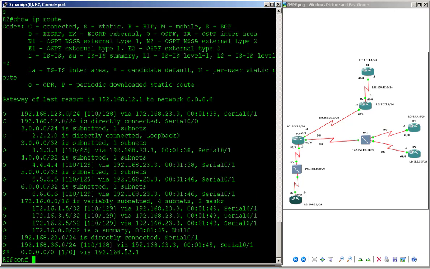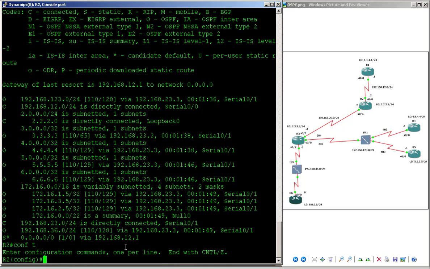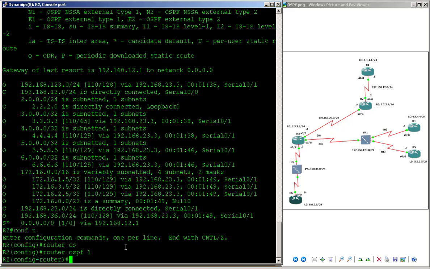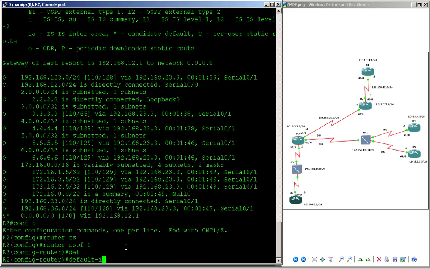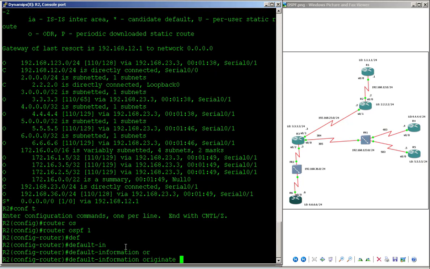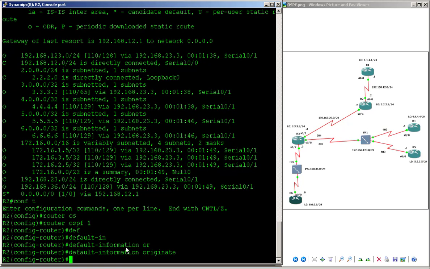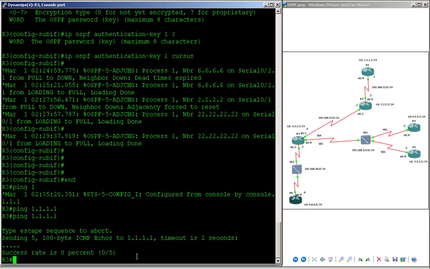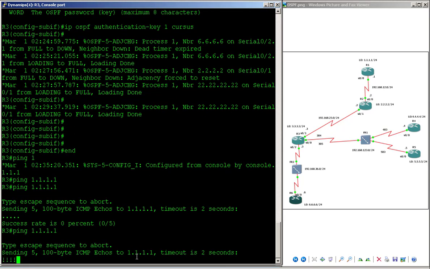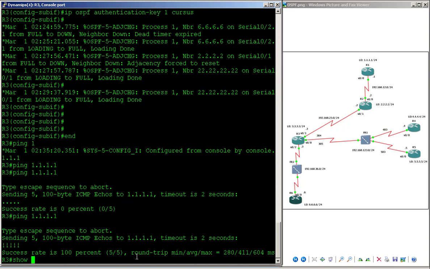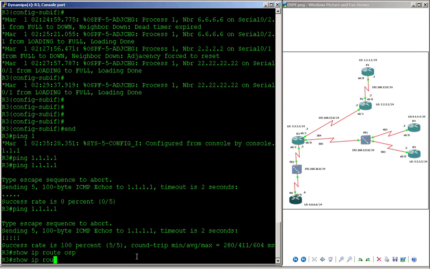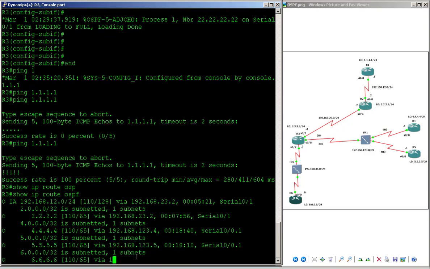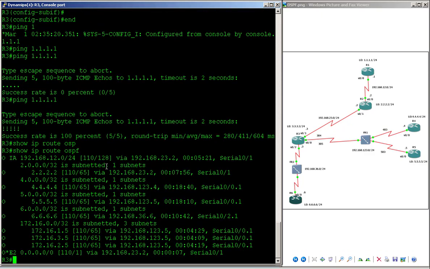To do that, I go to router 2, from where I issued the default route, and I say router OSPF 1, default-information originate, and enter. Now if I go to router 3 and ping 1.1.1.1 again, I have a reply. If I do show IP route OSPF, it has inserted the default route into OSPF, as you can see here.